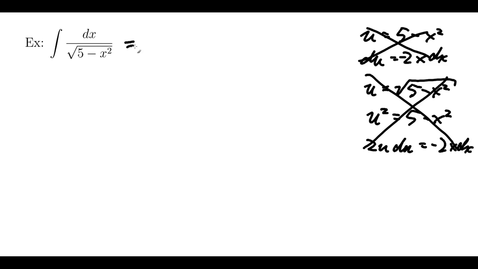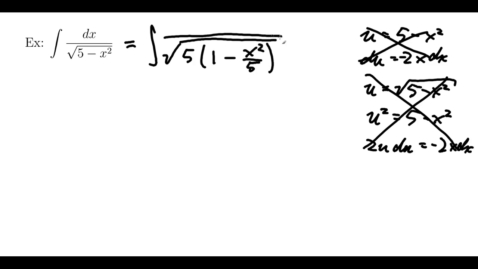So let's start working on the algebra that would be necessary to get that to be a 1. And I'll do this step by step. We factor out a 5 from this. We have 1 minus x squared over 5 inside the radical, right? And I'll go ahead and put the 1 at the top, and the dx afterward to start making this look like what you might expect.